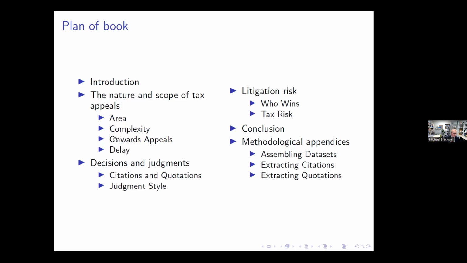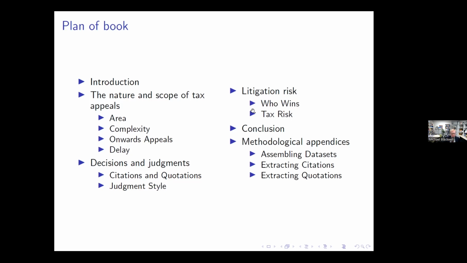I look at which appeals go on to further levels. I also talk a fair amount about delay, which is a major issue in the UK, especially in the promulgation of decisions, which can take up to 2 years. I look at which cases are cited, I look at which cases are quoted, and I talk about the style of judgments as well.